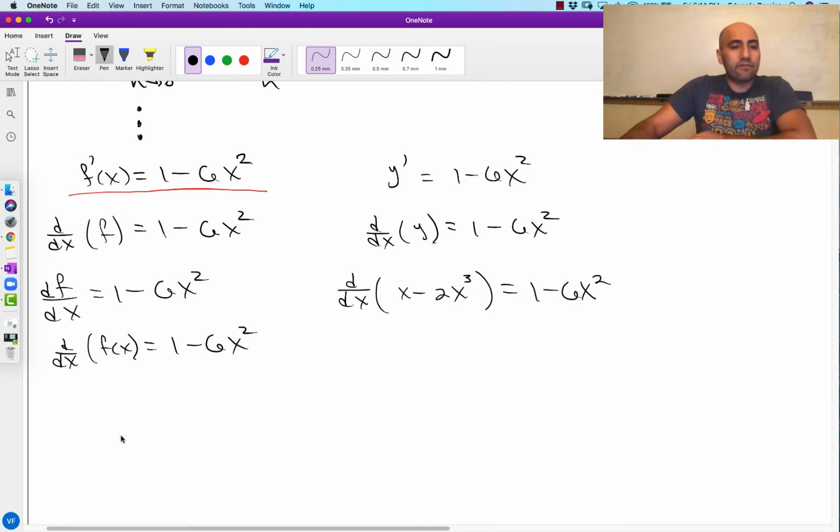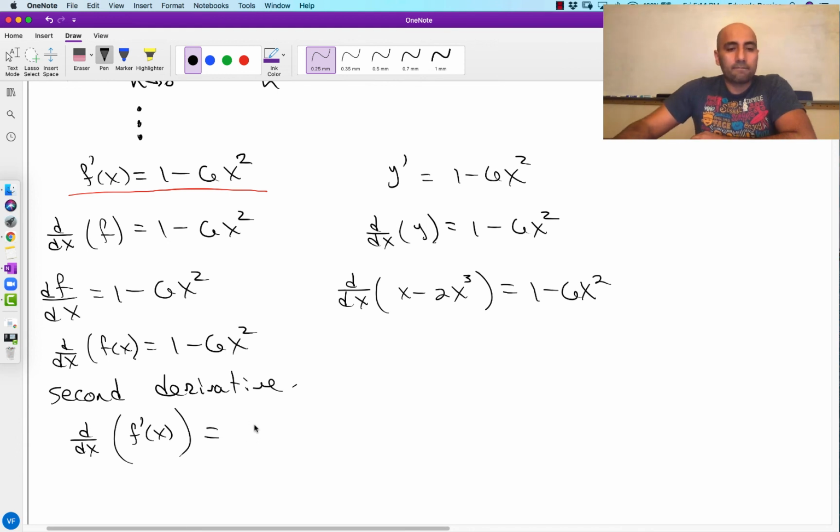And the second derivative can be written this way. The second derivative could be written as d dx of f prime of x, right? So this is already a derivative. Or I could say d dx of dy dx, like that.